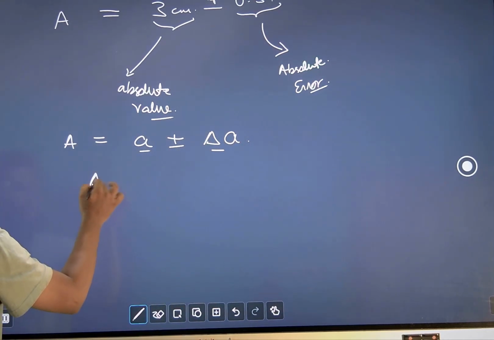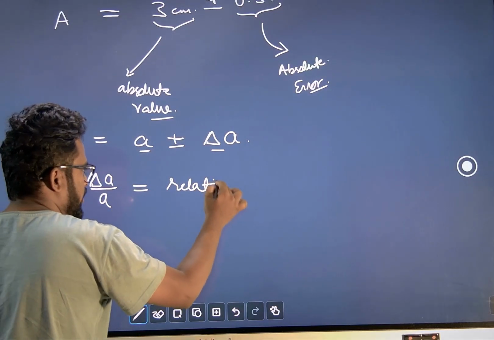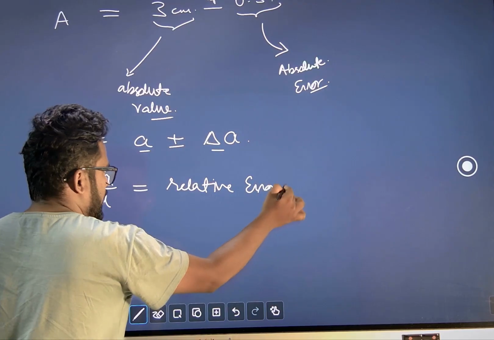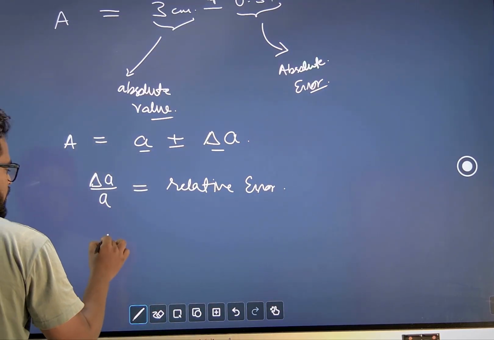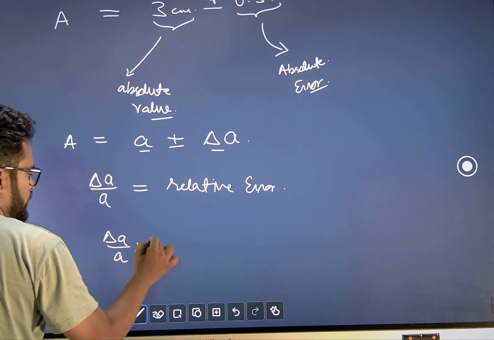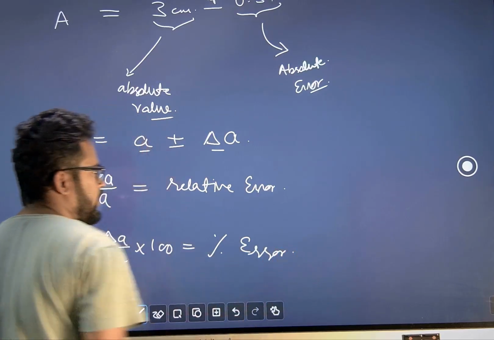Delta A by A is called relative error. And if you multiply by 100, delta A by A into 100, this is called percentage error.